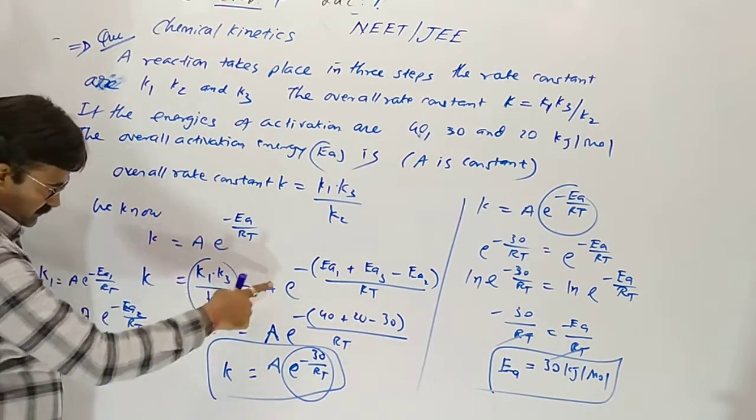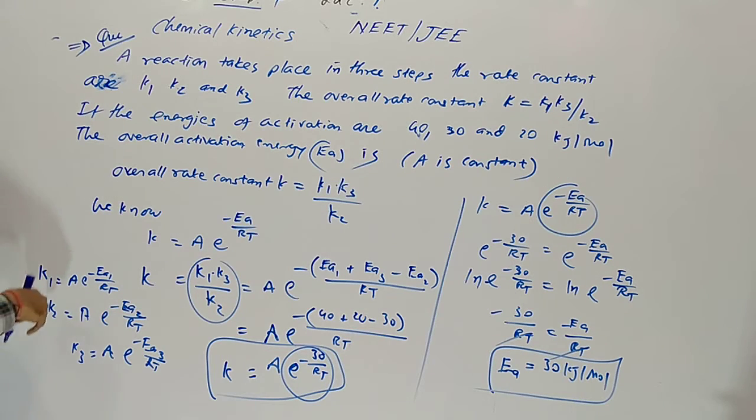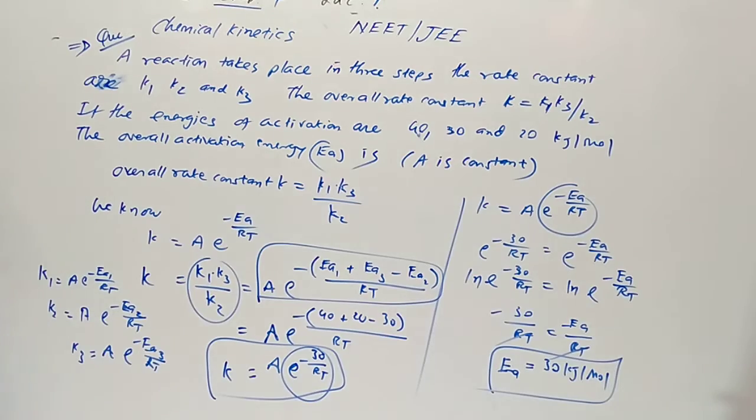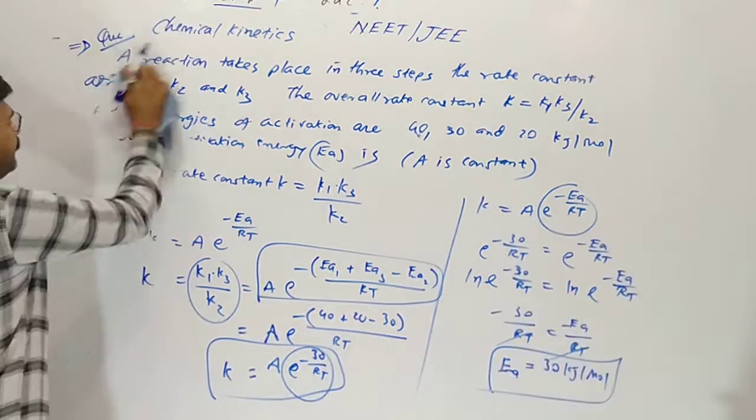So K1 and K3 we have to multiply, then K2 divide. So we get this step. Simplification of it, do yourself as homework.